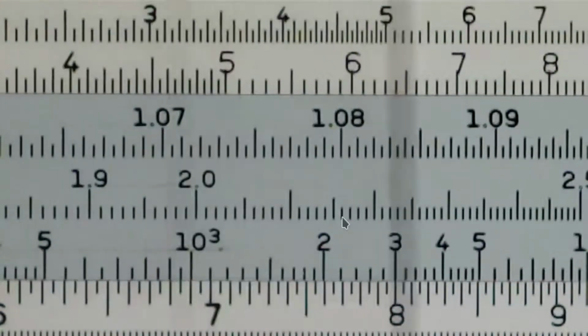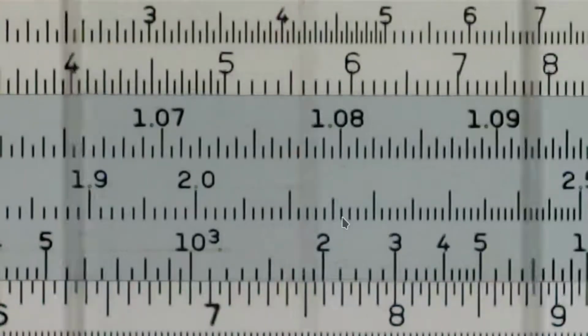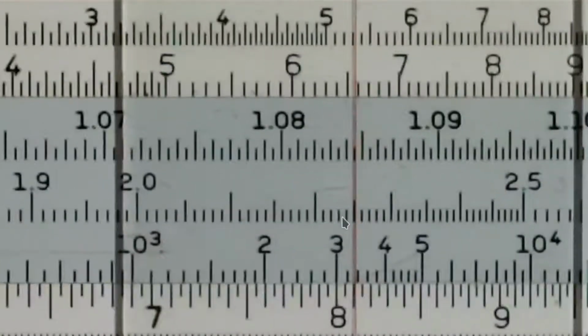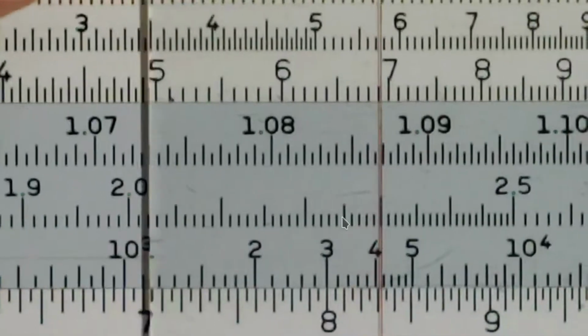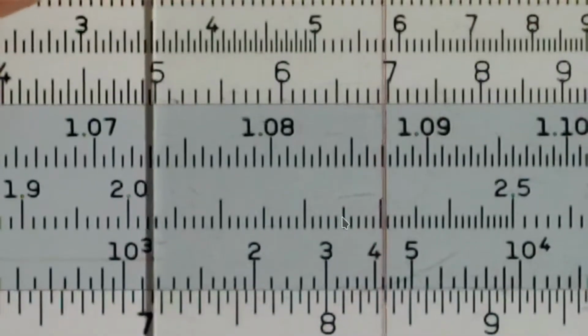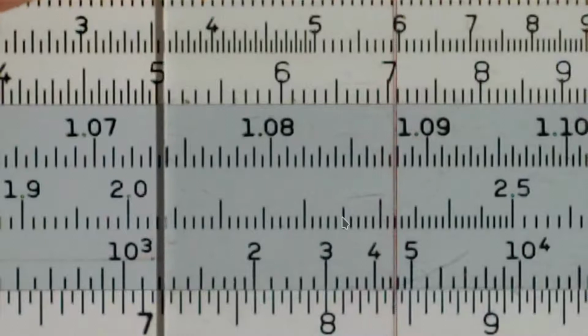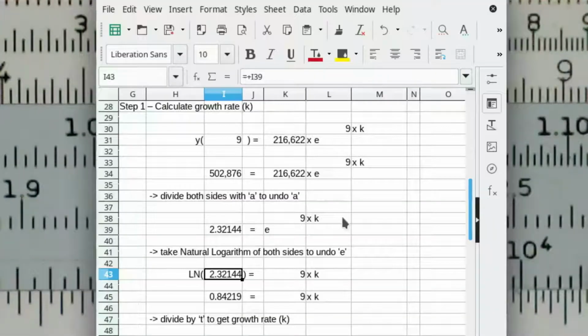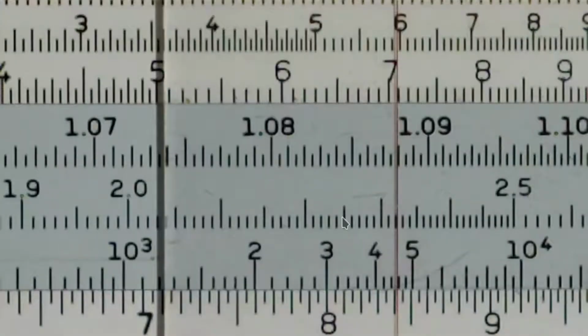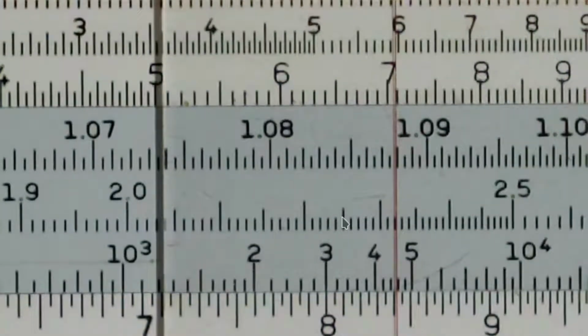So that's 2.1, 2.2, 2.3, and we need 2.32, 2.321.